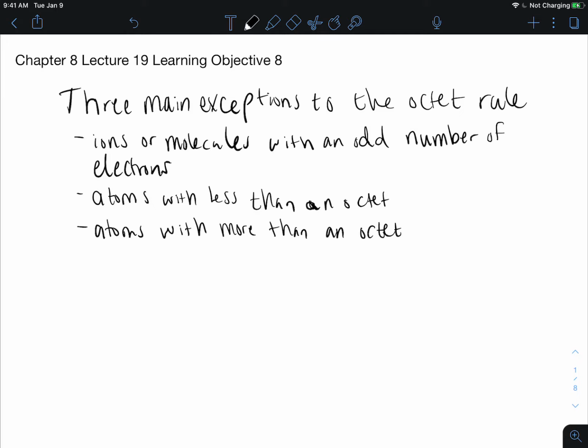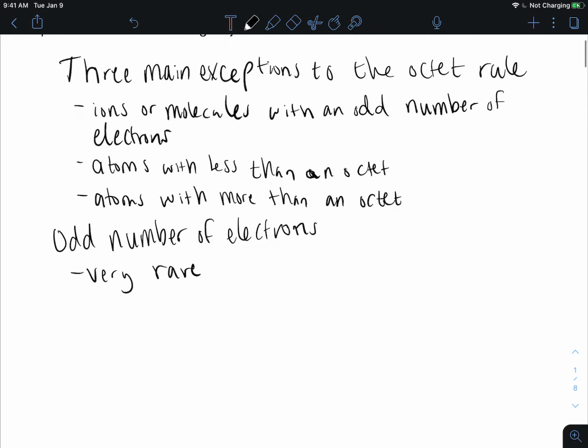Okay, so let's look at odd number of electrons first. So here, these are really rare. And generally they are unstable and reactive.